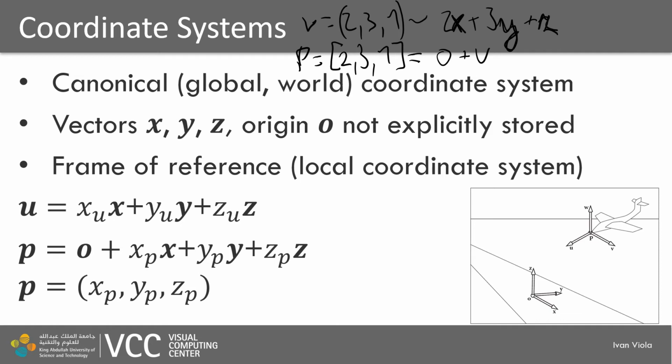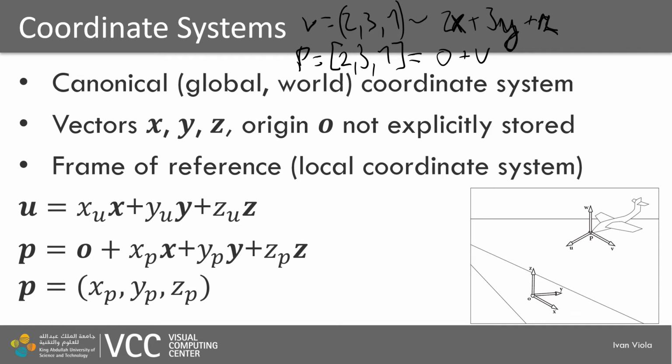An interesting point is that we do not need to have just only one coordinate system, but we can have also a so-called local coordinate system, which can be defined by the basis vectors, which are somehow defined also in the global coordinate system.